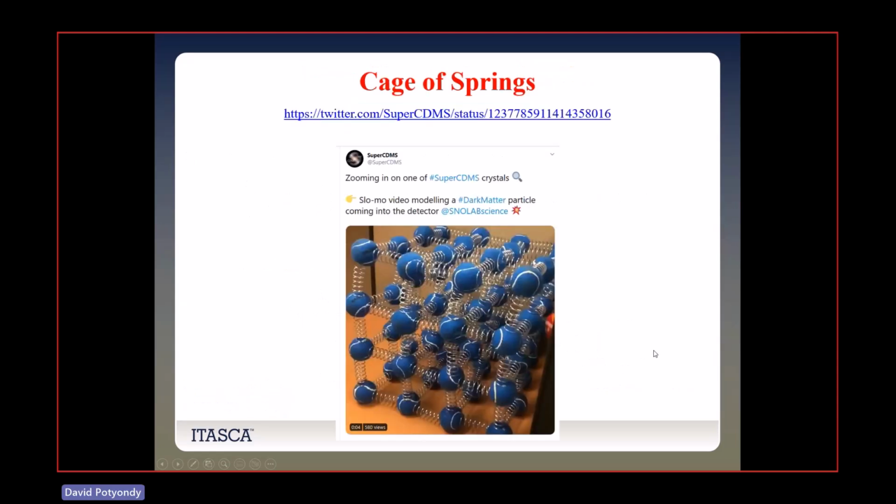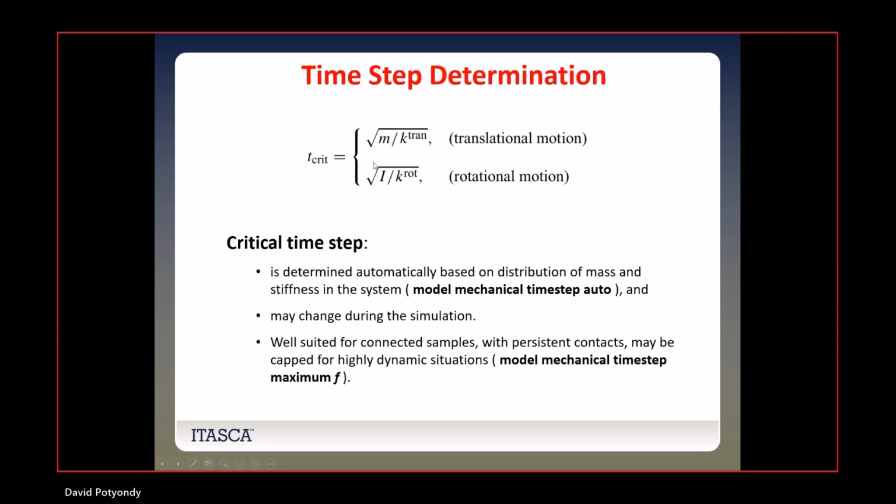Okay, and what we find is that the particle's critical time step is going to be this, the square root of mass over translational stiffness and moment of inertia over rotational stiffness. Think of it this way. Think of if you had a fishing rod, which is a big cantilever beam, because you're going to grab it in your hand and it's going to be vertical to the floor.